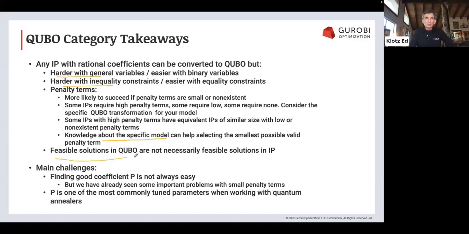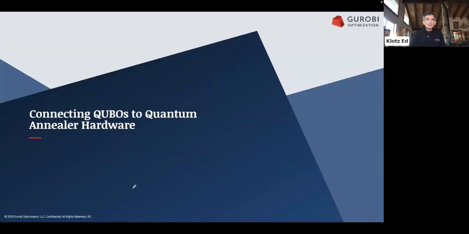Again, any solution is feasible to the QUBO, but a solution that's feasible in the QUBO isn't always feasible in the original problem. And it's really about finding a good coefficient for the penalty term. Because of that, tuning the penalty term is a common practice. But despite these challenges, we've already seen some important problems where it's not that hard to come up with small penalty terms. All right, so that ends the section on QUBO categories.